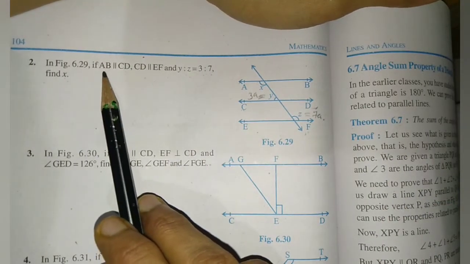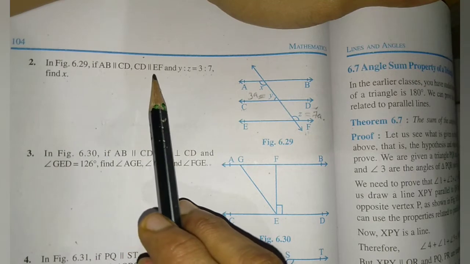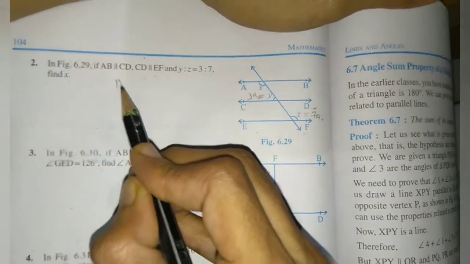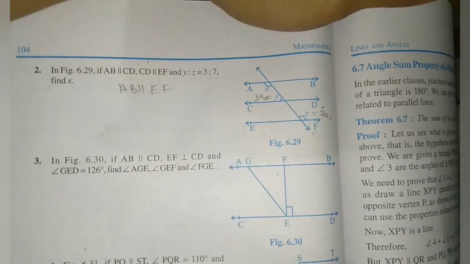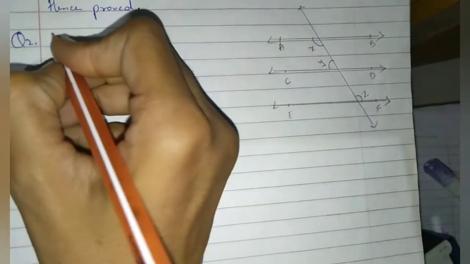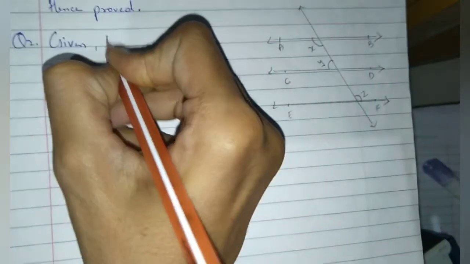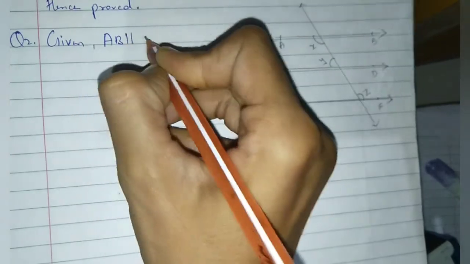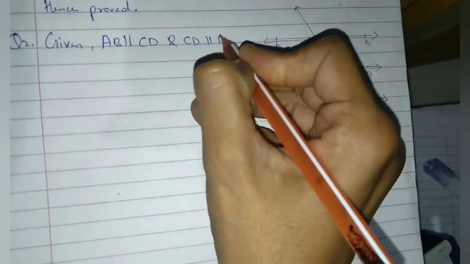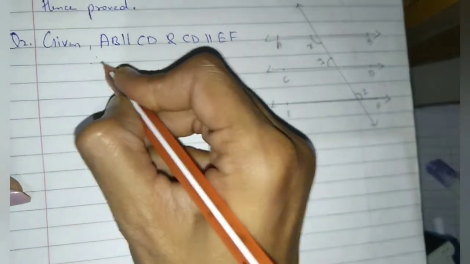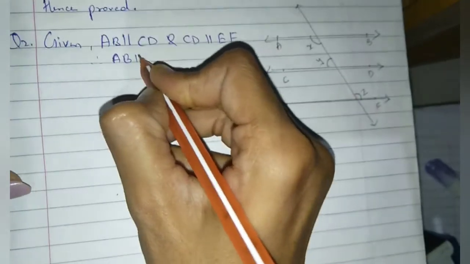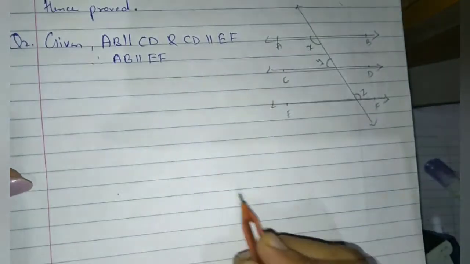First of all, we are given that AB is parallel to CD and CD is parallel to EF, so we can write AB is also parallel to EF. Let us write down: given AB parallel to CD and CD parallel to EF, therefore AB is parallel to EF.